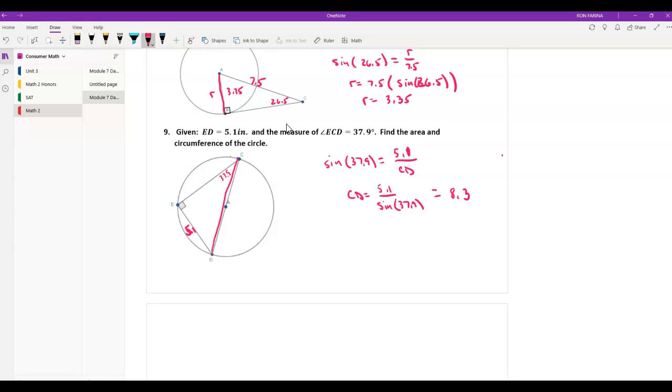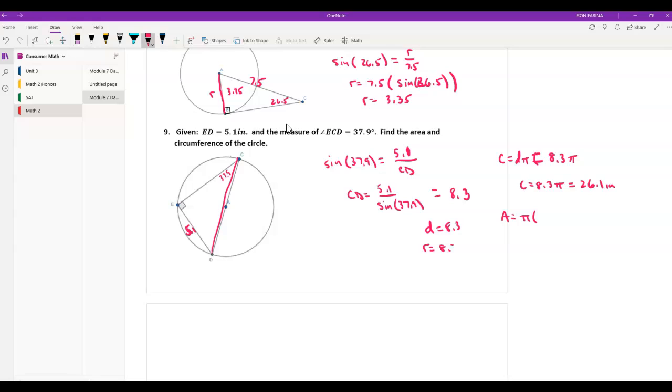So now to find the circumference, if that's my diameter, diameter times pi, right, is going to give me 8.3 times pi would be the exact, which is equal to 26.1. And that would be inches. Okay, now the area would be pi times.